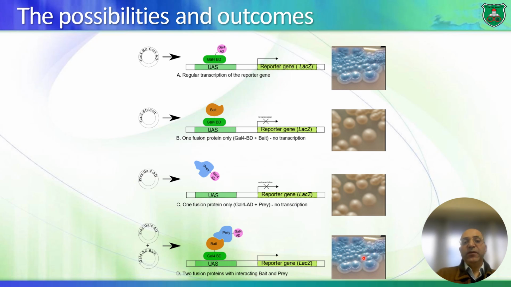We take this colony, we isolate the plasmid that contains this gene, because I know protein X. I want to identify this gene or protein that can interact with protein X. So we isolate the plasmid, and we can do sequencing, we can do immunoblots, whatever, and we can identify this unknown gene. Okay.